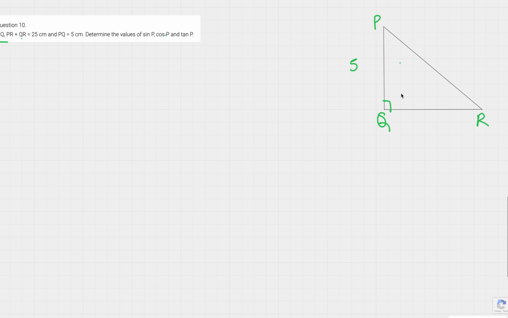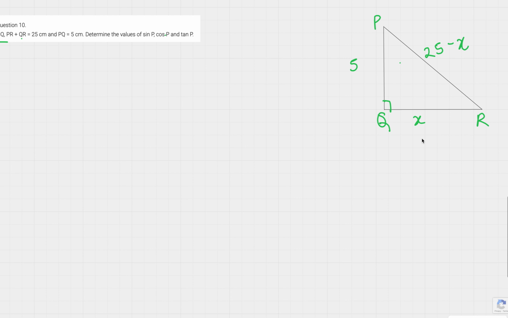So let's calculate. Assume these two sides sum to 25. If one is X, the other one is 25 minus X. Like if one is 10, the other one will be 15, and vice versa.